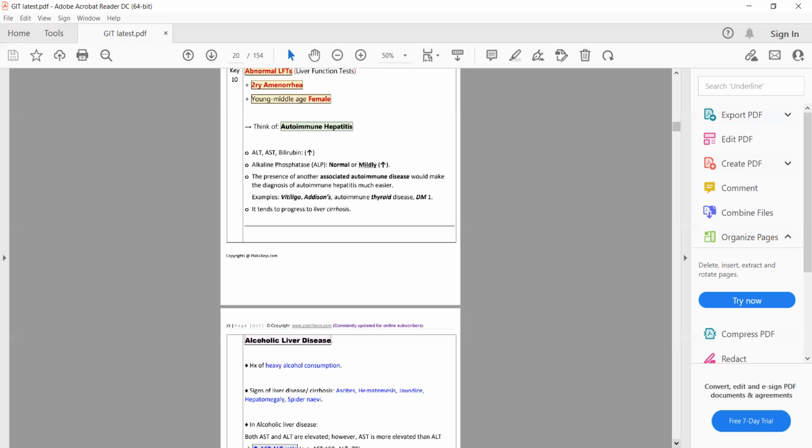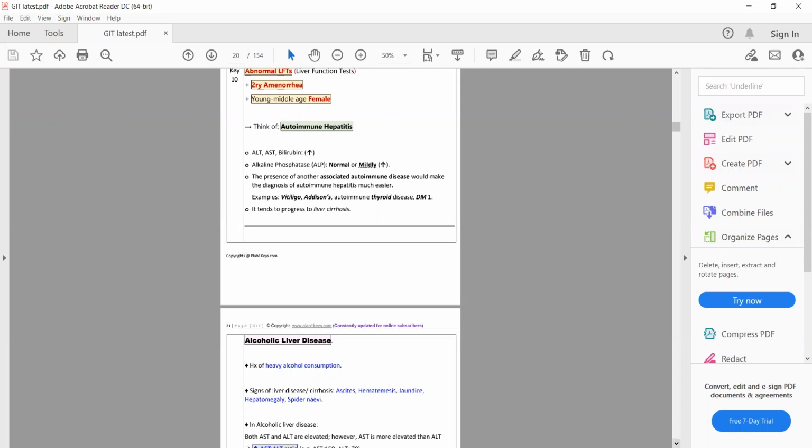So spider nevi are basically dilated blood vessels present in liver disease. So one cause of liver disease is autoimmune hepatitis. The hint towards autoimmune hepatitis is a middle-aged female. Remember that autoimmune diseases are common in females. So a middle-aged female with secondary amenorrhea and abnormal LFTs, you will think of autoimmune hepatitis.